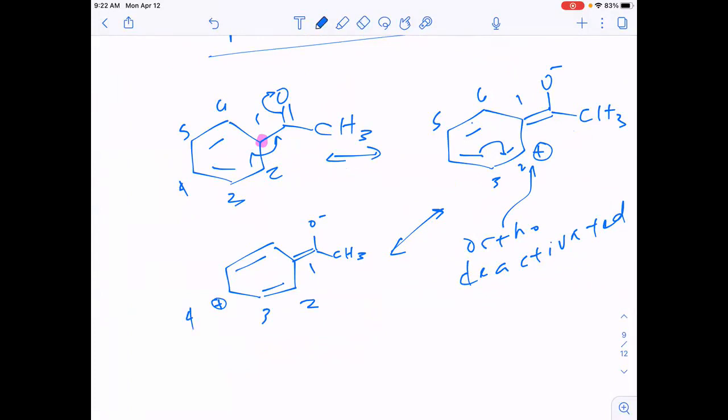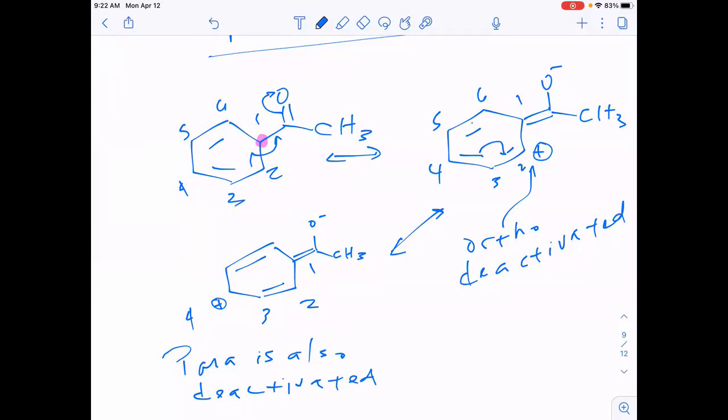It's at the para position. So that's also deactivated. Right, so anytime you put an acceptor on the ring, this is what's going to happen. It's going to deactivate both ortho and para.